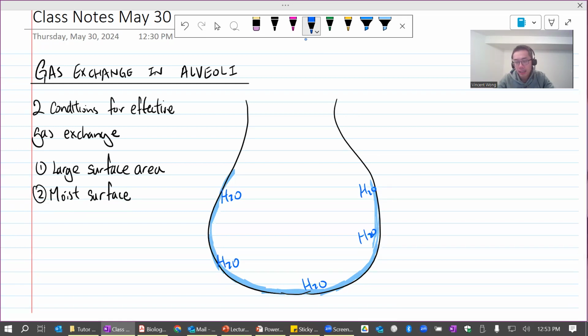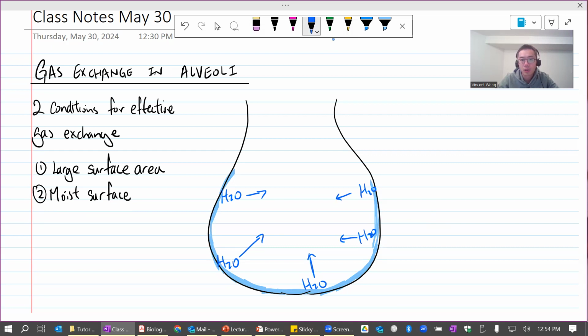Last semester or in chemistry, do you remember a special property of water molecules? If you put water molecules close to each other, what do they do? Polar molecule. Yeah, they're polar, right? The fact that they're polar means they're attracted to each other. So when you have all these water molecules on the inside of the alveoli, they create an attraction force.